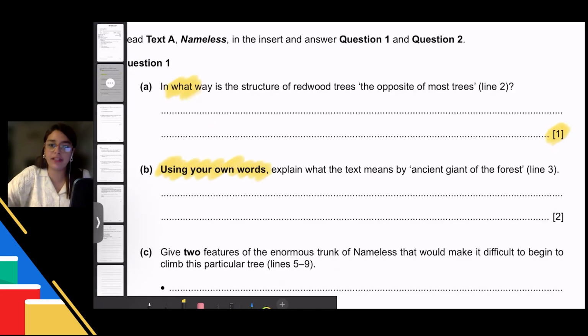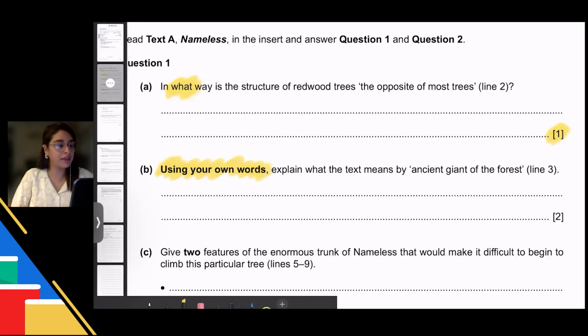So if you lift off in this question, that's where you lose marks. You will not qualify for a mark if you lift off the right text. However, if you lift the right text and you rephrase it, that's where you get the mark. So here it's an own words question. That means I am expected to write in my own words. I cannot lift off from the text. I cannot copy from the text.